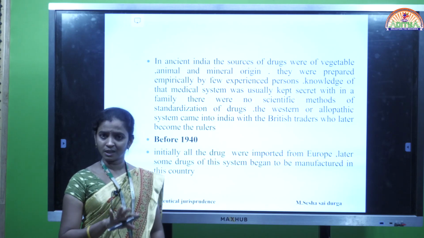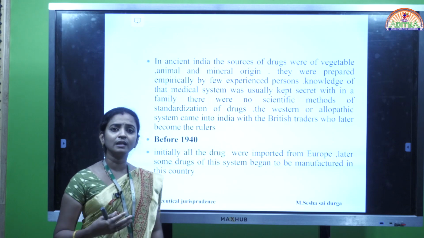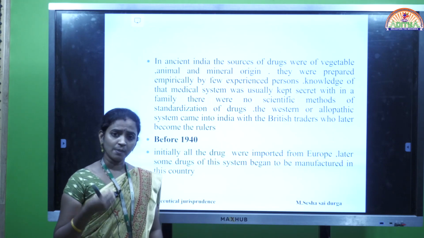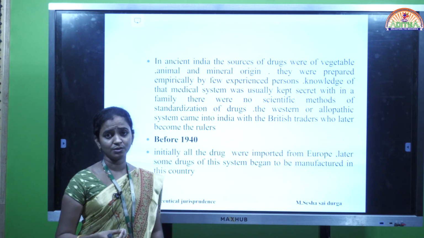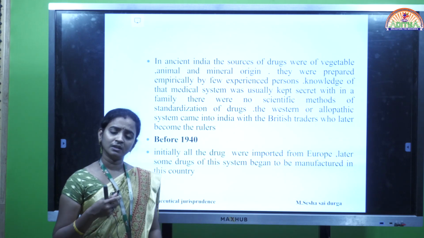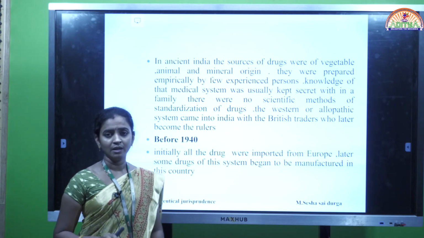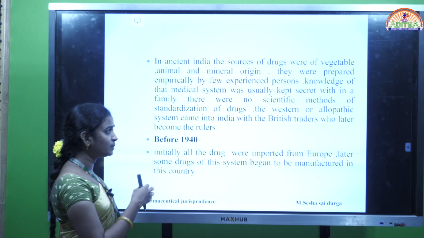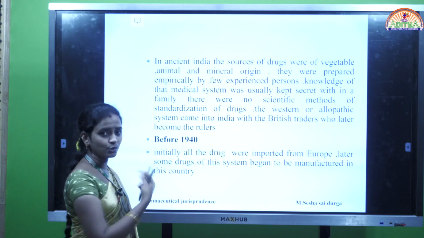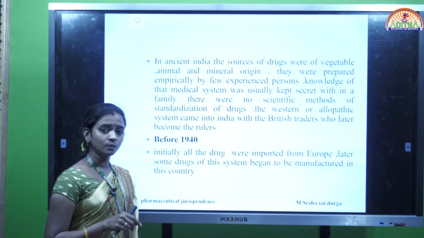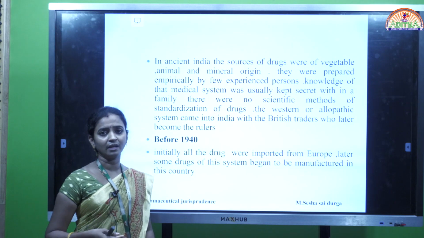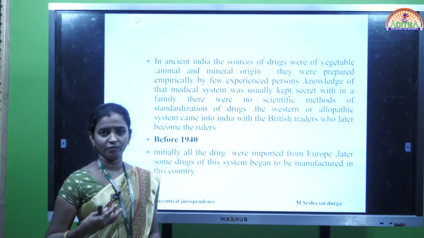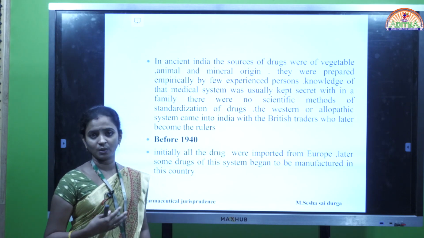This is not a correct way of dealing with pharmaceuticals, because pharmaceuticals directly impact human lives. So such a procedure is not correct. Before 1940 this was the procedure, and some of the medicines were not available in India. In India we did not have any special manufacturing areas for the preparation of pharmaceuticals.